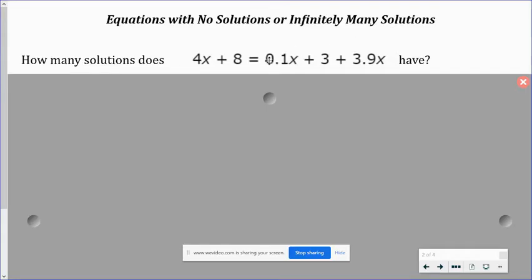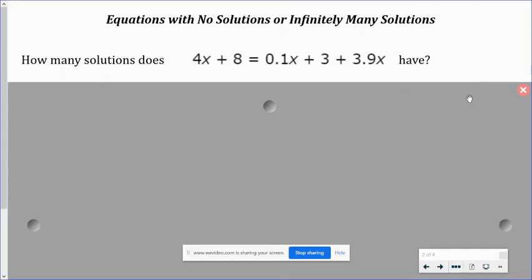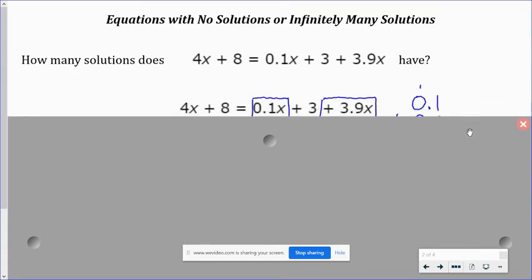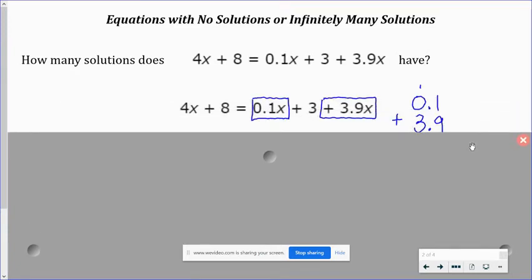Even though we're working with decimals within the equation, we're still solving this equation the same way. But before we can begin to collect like terms, I see that on the right side of the equation, we have 1/10 of x and 3 and 9/10 of x. That means that there are like terms, and when like terms are together on the same side of the equation, we can put them together.